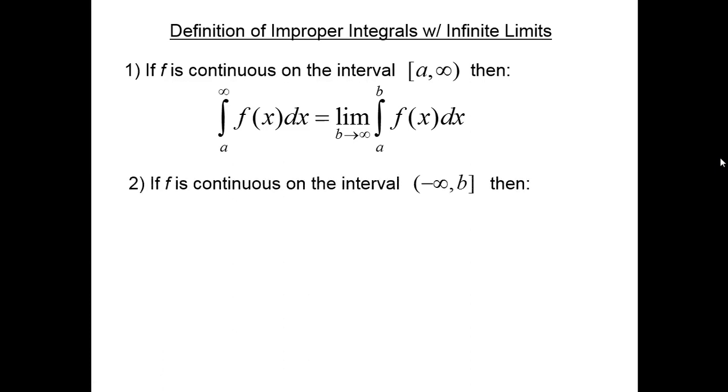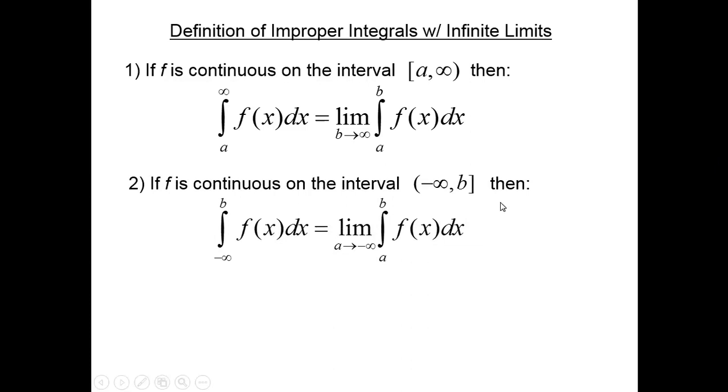If f is continuous on the interval from negative infinity up to b, then for the integral from negative infinity up to b of that function, we change that lower limit to a and write it as the limit as a goes to negative infinity, with the integral from a up to b, where b is a constant.